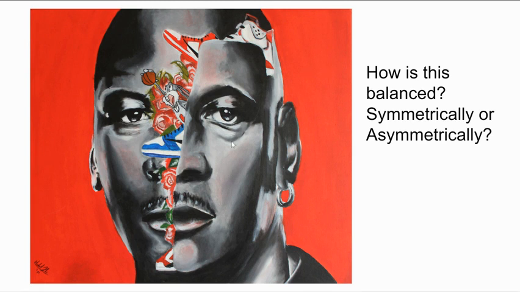Is it symmetrically balanced or asymmetrically balanced? Okay, look at this. If we cut it in half and we folded it over, as it stands right now, this is not symmetrically balanced. It's close, but it's not quite.